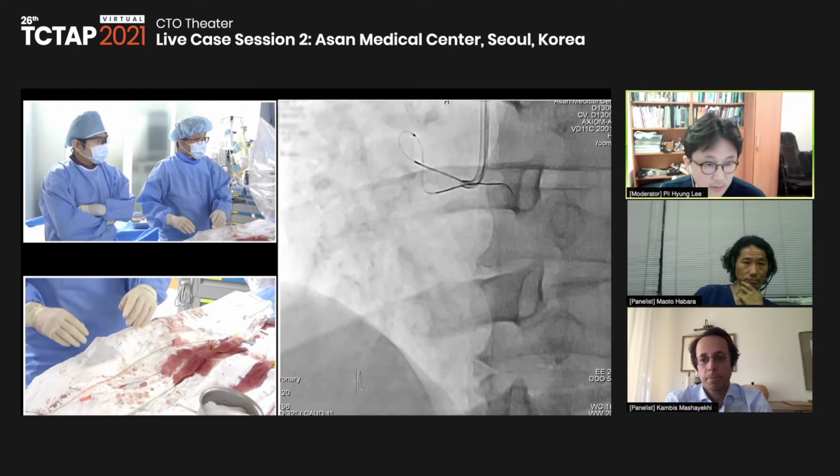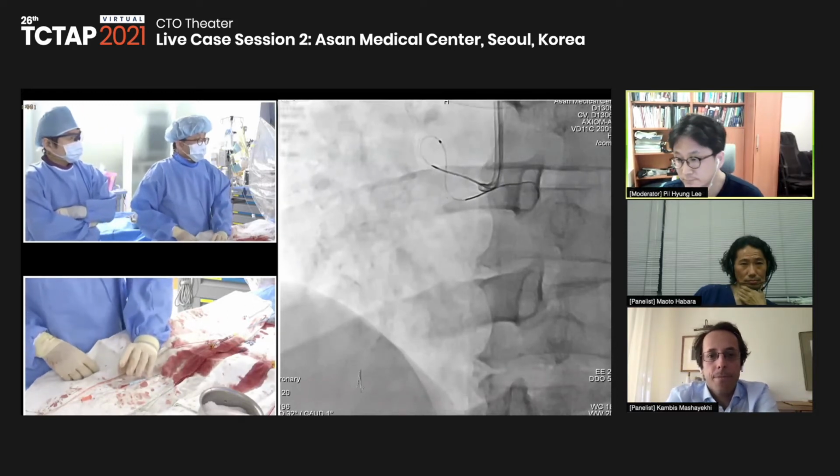So the angle of the wire and the entry point will not be good because of the stenosis at the proximal portion. That was quite a difficult portion in this kind of case. So I think we can proceed and look at what I did.